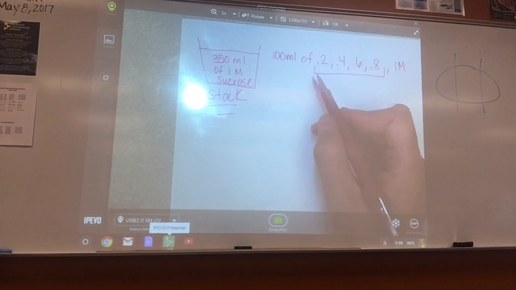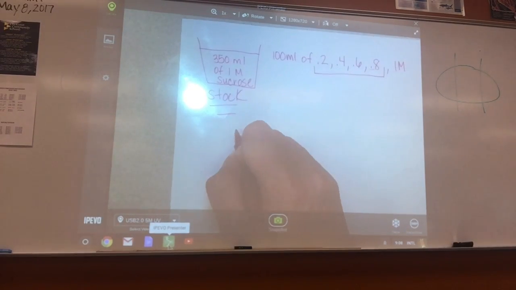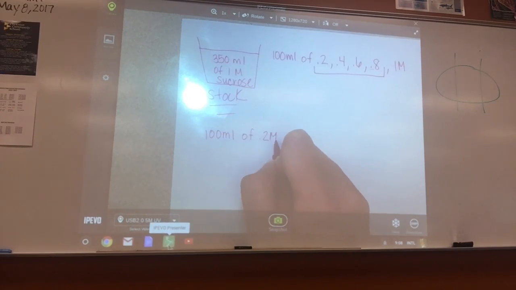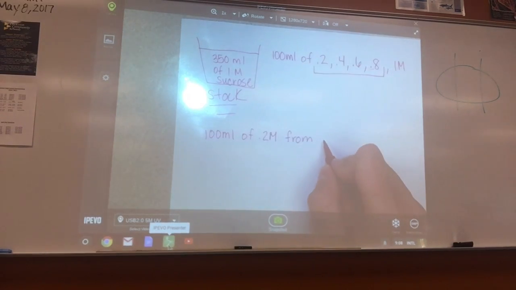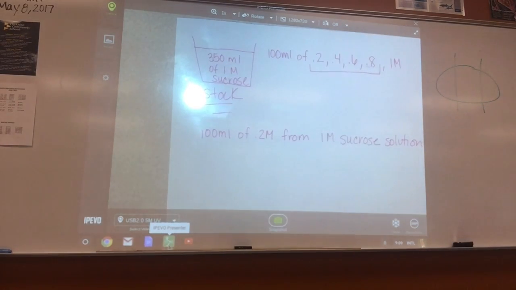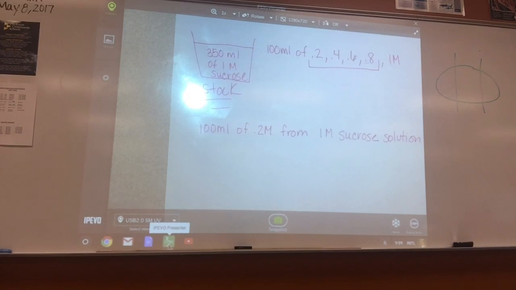So how are you going to do that? If I look at how to do a 0.2, we want 100 milliliters of a 0.2 molar solution from our stock solution, a 1 molar sucrose solution. This is our problem. We have to dilute this 1 molar solution to make a 0.2 molar.